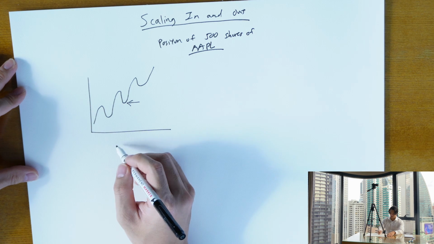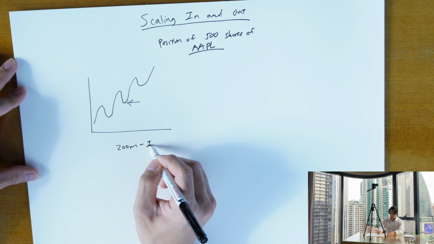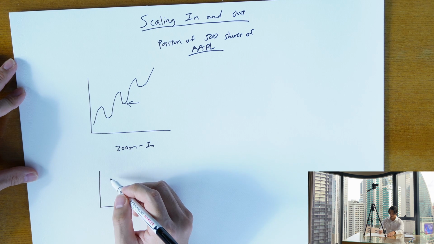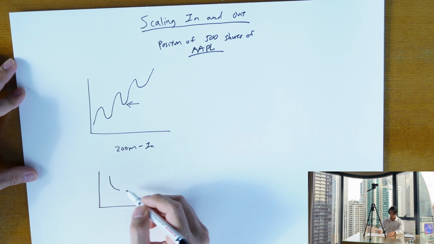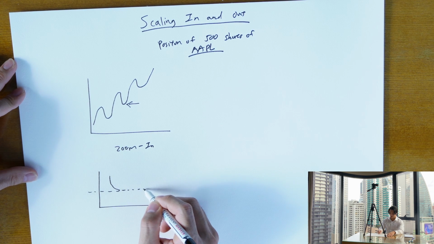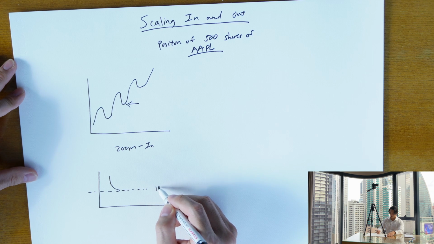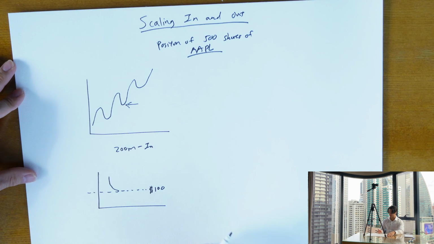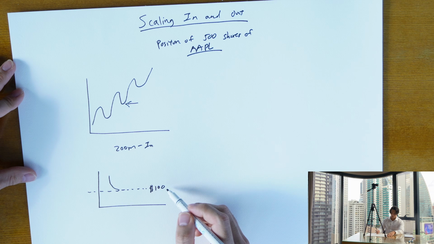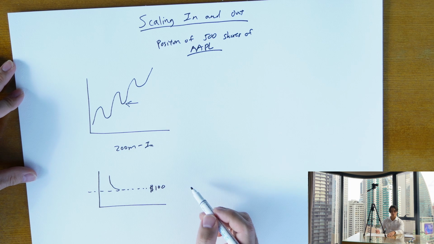Zooming in, this is what that looks like. The price is coming down and you want to, let's say, buy at a price of $100, a clean number. You don't have to buy all 500 shares at $100.